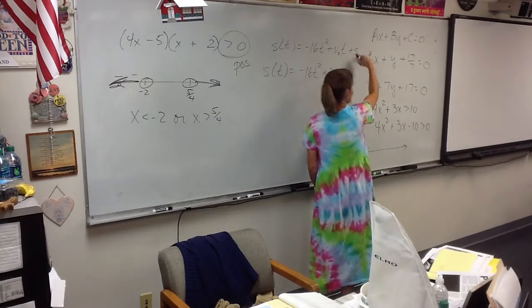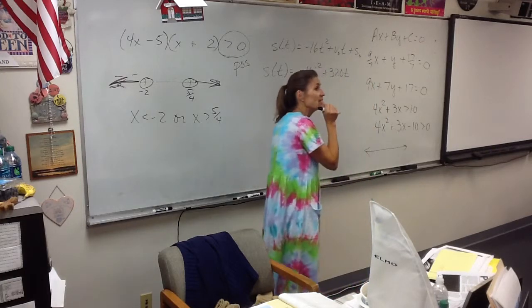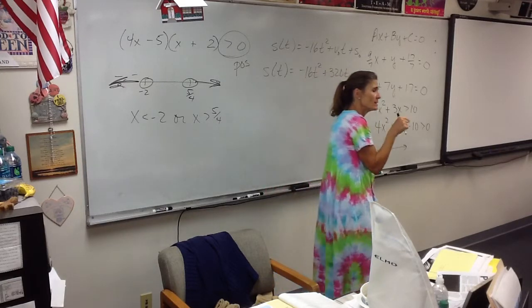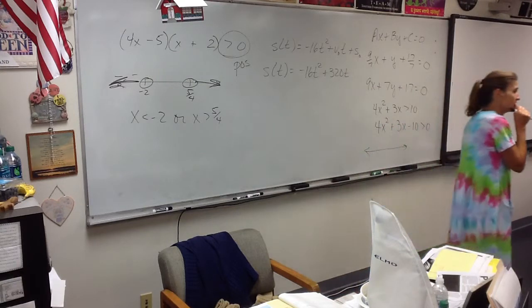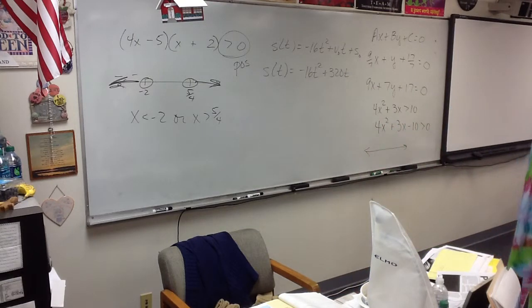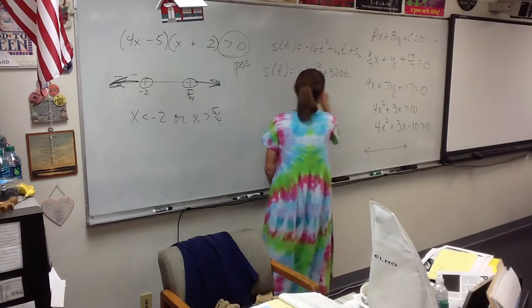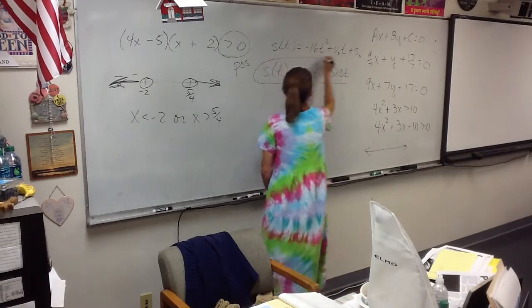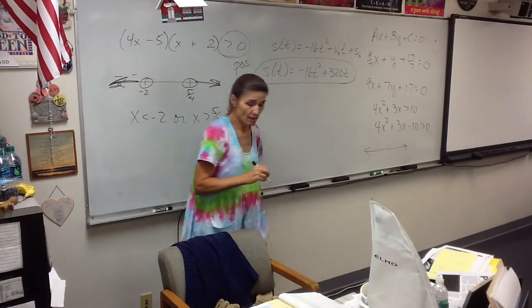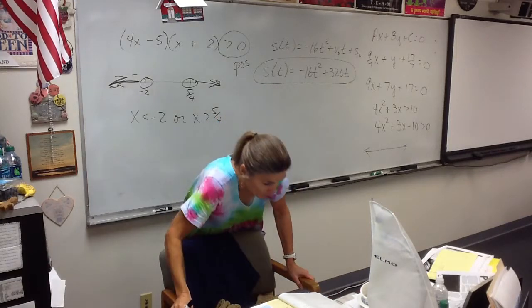What's this letter represent? How high you started. Yep, the starting height, right? What does this problem tell me about my starting height? On the ground. So how high is it above the ground if it's on the ground? 0. That's a 0 for this one. So here's my equation that I'm going to use right here. This is the equation that now is going to help me answer all the questions.